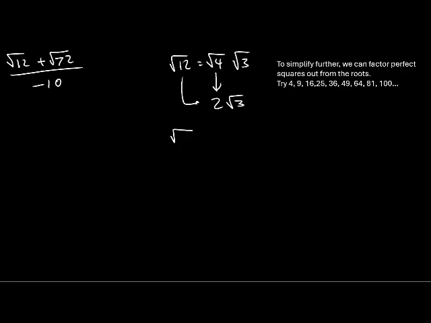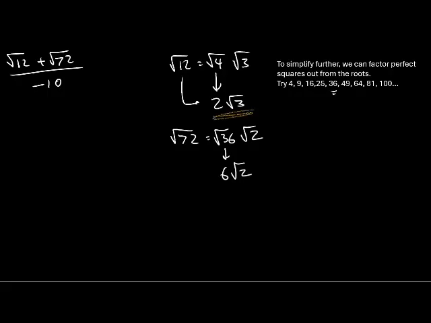We can do the same thing with 72. Those of you with a keen eye might notice that 72 is divisible by 36. So square root 72 we can write as root 36 times root 2. Square root of 36 is actually 6, so we have 6 root 2.